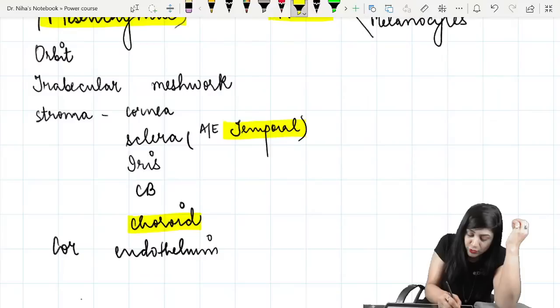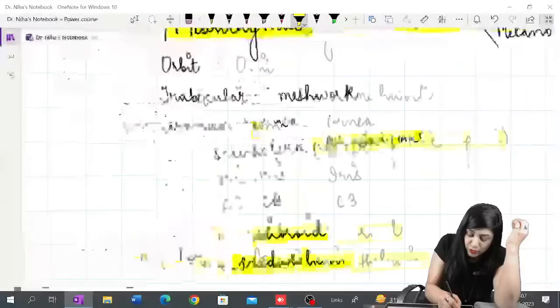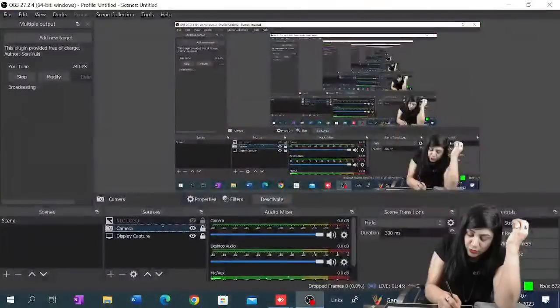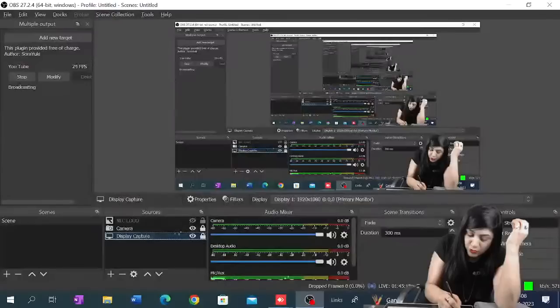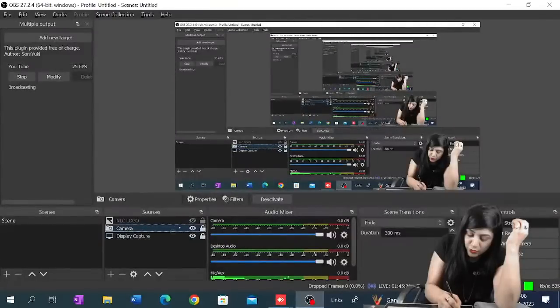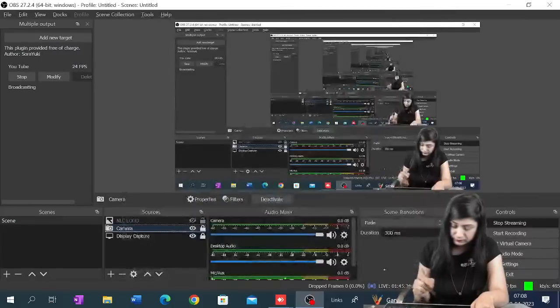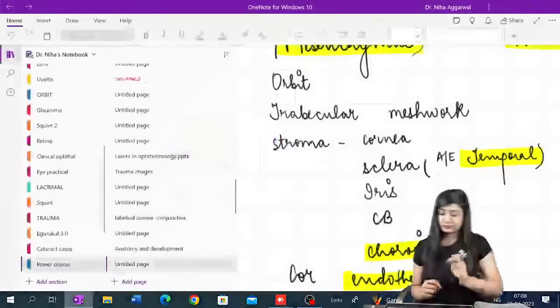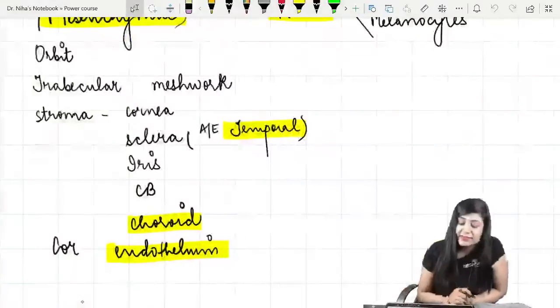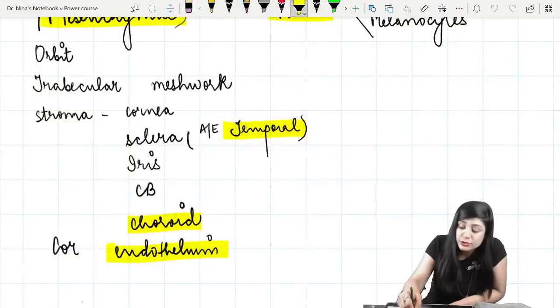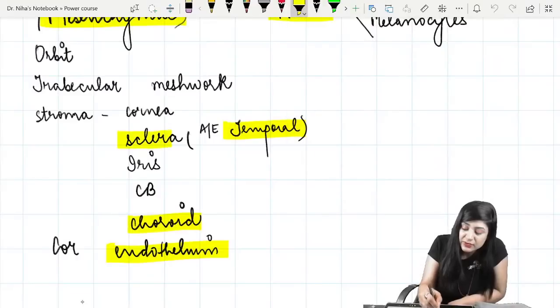Now see the three words that I was saying: they are there in the mesoderm as well as the neural crest.